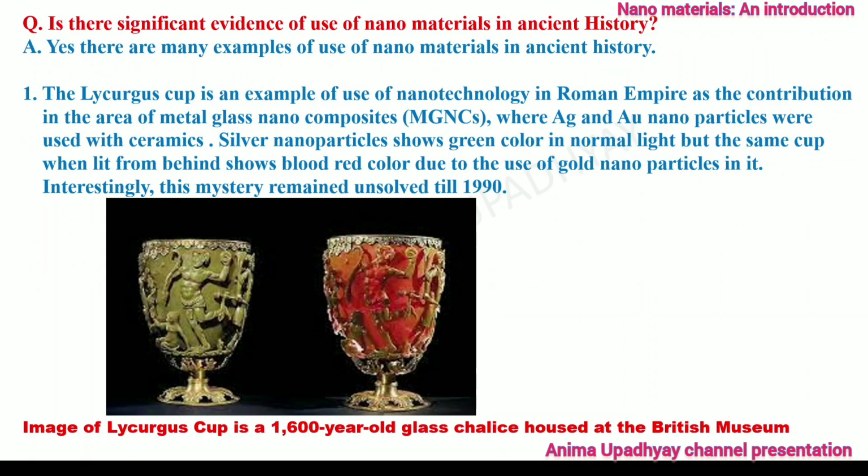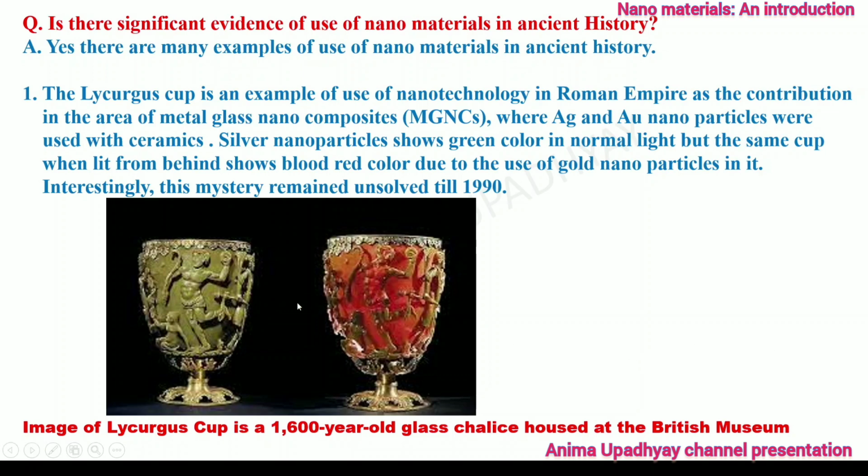Is there significant evidence of use of nanomaterials in ancient history? Yes, there are many examples of use of nanomaterials. We'll start with the Lycurgus cup, which is an example of use of nanotechnology in the Roman Empire, where silver and gold nanoparticles were used with ceramics. The silver nanoparticles showed green color in normal light, but the same cup, when lit from behind, showed a blood red color.